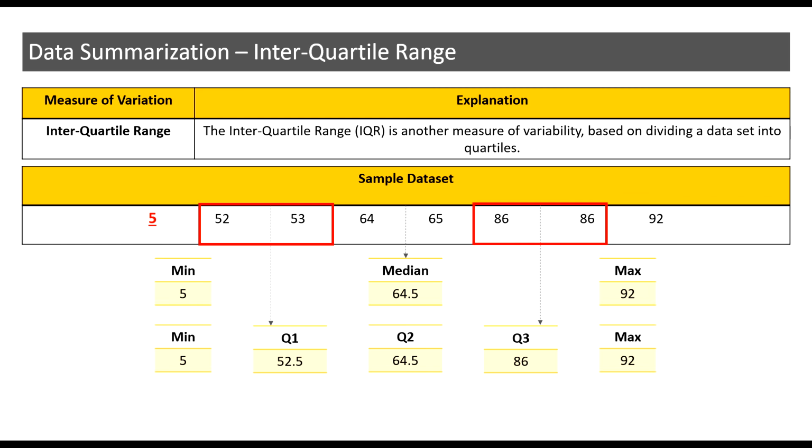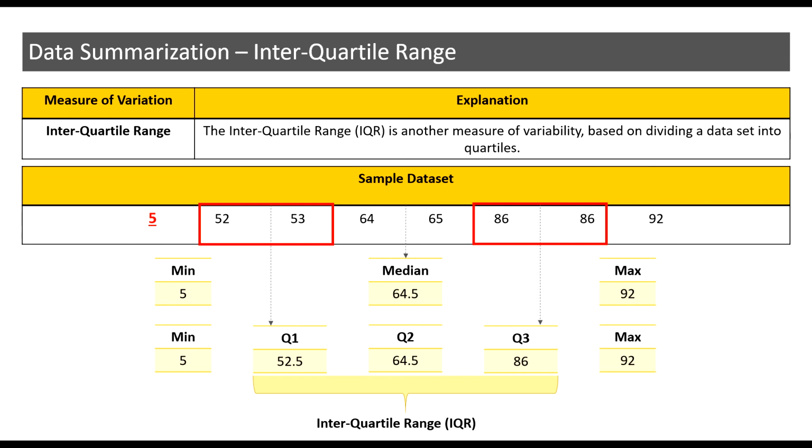Now, since we have calculated all the quartiles, the interquartile range, or the IQR, is nothing but the values between Q1 to Q3. So the variation or the variability in this particular data set is deemed to be between 52.5 and 86, where 52.5 is the lower limit and 86 is the upper limit.